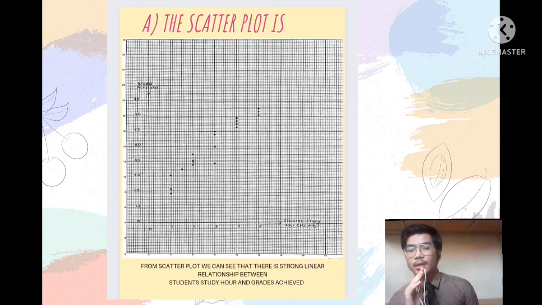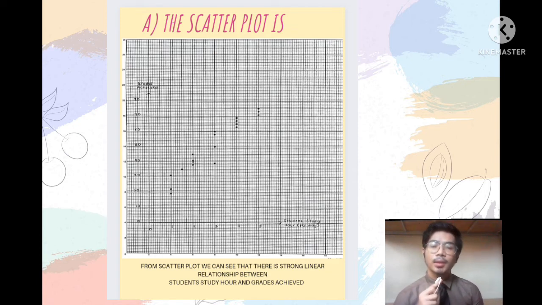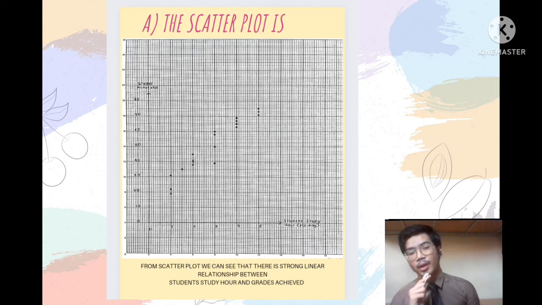To answer question A, the picture shown is a scatter plot graph. The graph's vertical axis has values from 0 to 18, while the horizontal axis is the student's study hours a day, with values from 1 to 5 representing 5 hours.